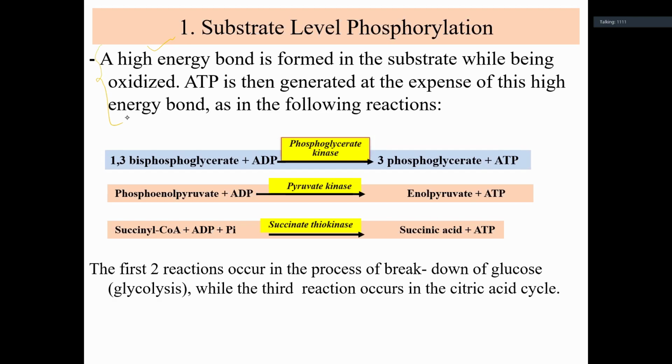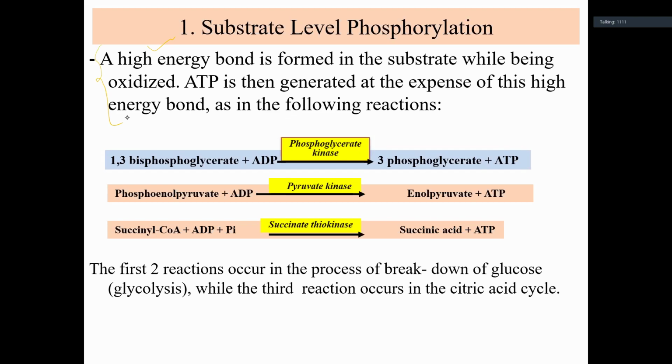I don't think I understood it enough to explain it in Arabic. Yes. Anyone else? Yes, doctor. While oxidation occurs, the energy bond will form. Okay, that will help the ATP form. Okay.